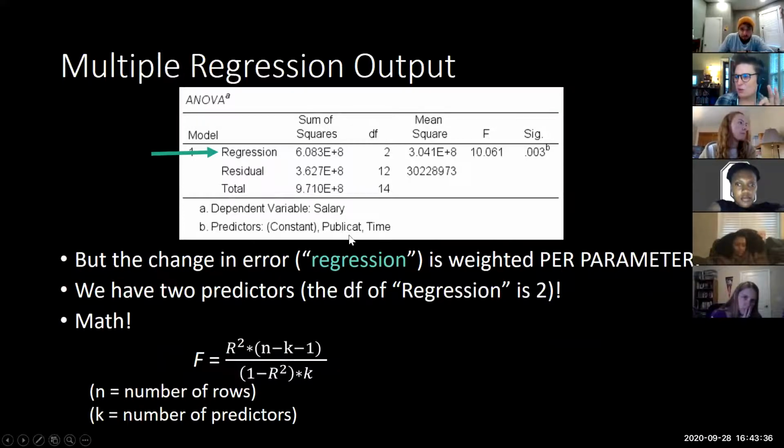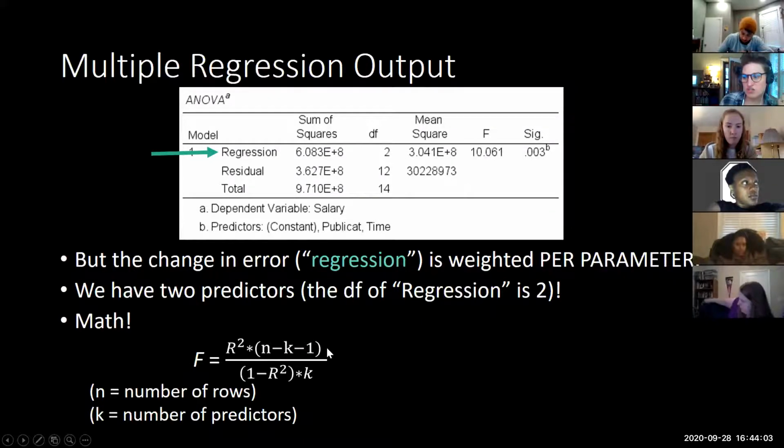But here's the only difference. There's one slight difference. Before, do you remember how we always had a 1 here because we had one predictor? Now we have 2 predictors instead of 1. So our numerator degrees of freedom is now 2. So the degrees of freedom from our regression equation is 2.